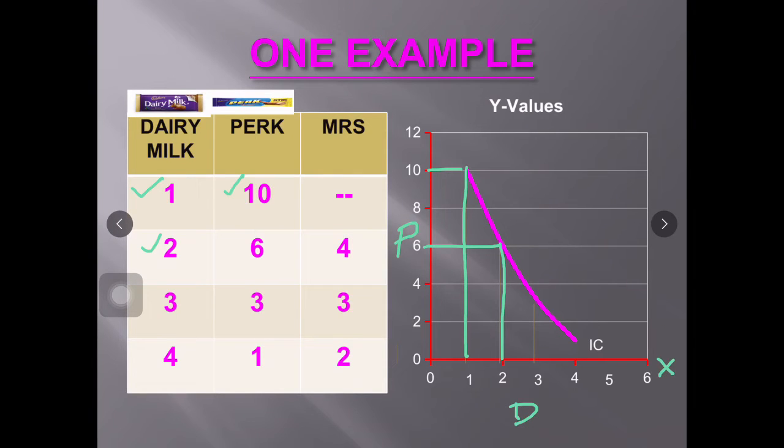By joining all these points, what we get is known as the indifference curve. So, an indifference curve is a locus of various points which shows different combinations of two commodities which give the same level of satisfaction to the consumer.